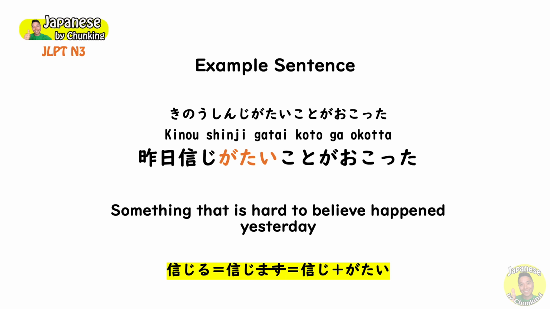This becomes 信じます。Take off the ます and then add がたい。信じがたい。So that means hard to believe. 起こった。So it happened. 昨日信じがたいことが起こった。So something that is hard to believe happened yesterday.